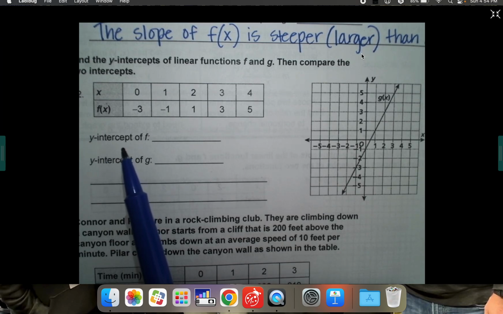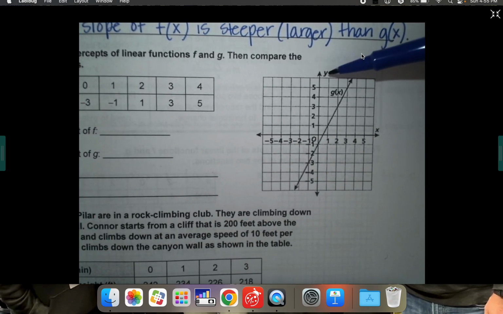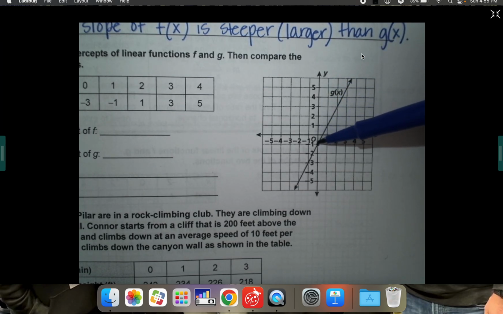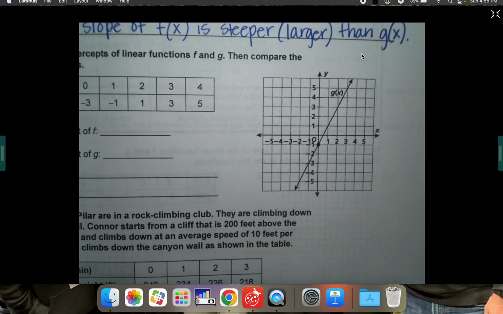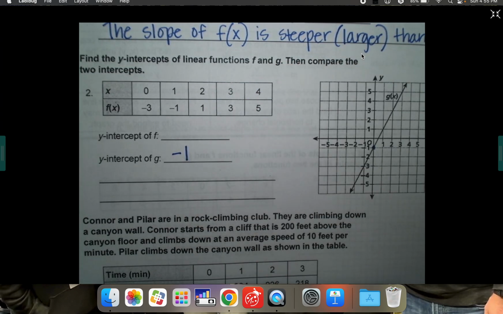It's going to be easier to look at the one on the graph because we can spot it right away. Wherever your line hits the y-axis, right there, is your y-intercept, because that's what it means. It's intercepting the y-axis, and it intercepts it down here at -1. So it intercepts on g of x at -1.